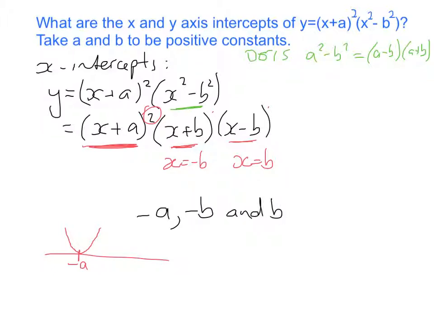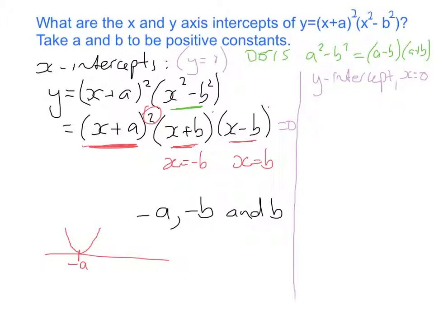Then if we're going to work out the y-intercept, I'll put that in here. If you remember, for the y-intercept, x is equal to 0, and for the x-intercept, y is equal to 0, so that's why we make the thing equal to 0 at the end and solve it that way.